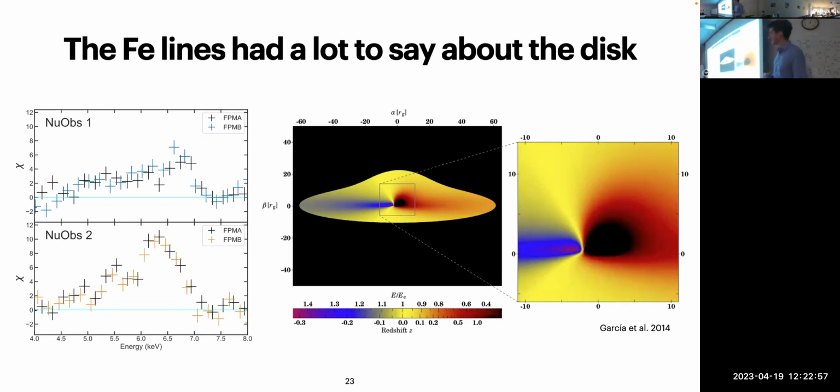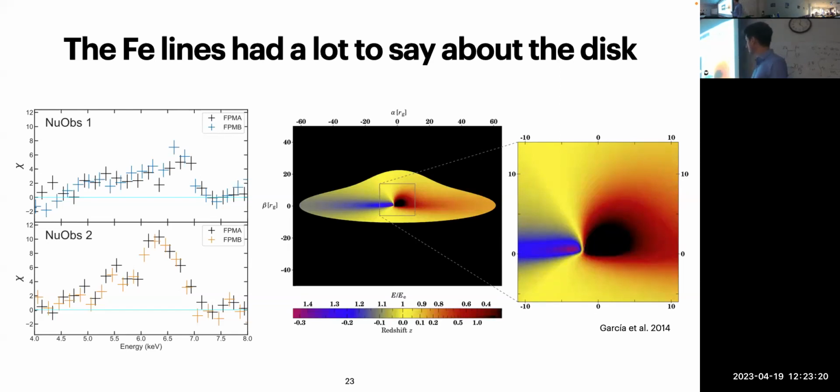And what that represents is red and blue shifting in the inner regions of the accretion disk due to general relativistic effects. We're getting really close to that deep gravitational well, combined with special relativistic effects, which I think is really well represented by this simulation here.